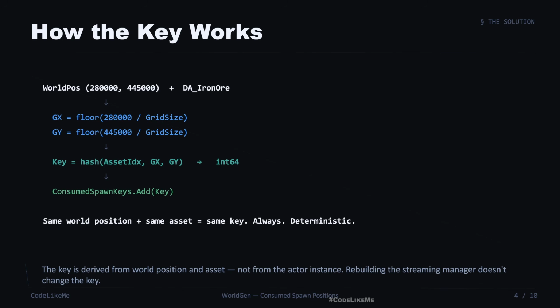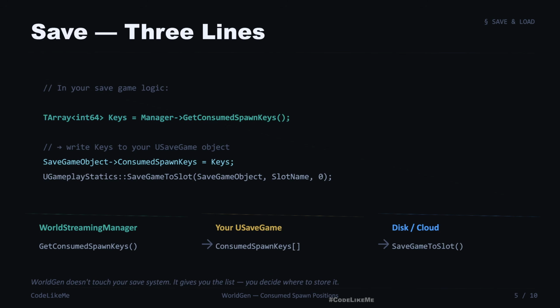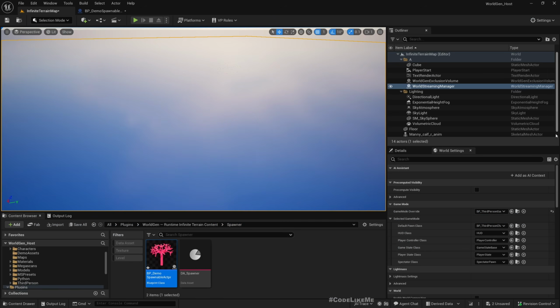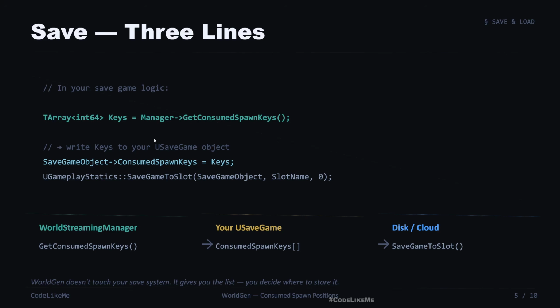From the world streaming manager you can get the consumed spawn keys, and you can put them into whatever save game object you are using, based on your game's implementation.